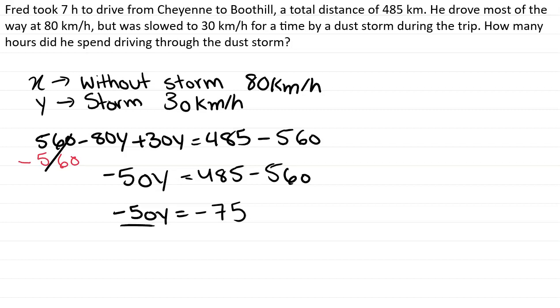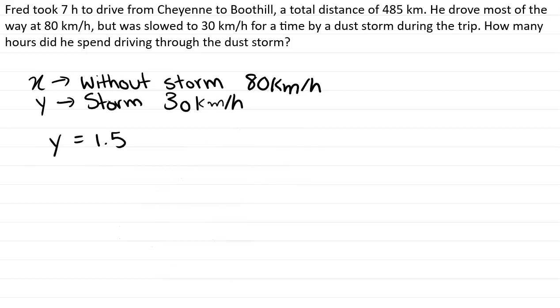Now we have to divide negative 50 on both sides of the equation. Here it will cancel out. Drop down the y. Negative 75 divided by negative 50 is equal to positive 1.5.